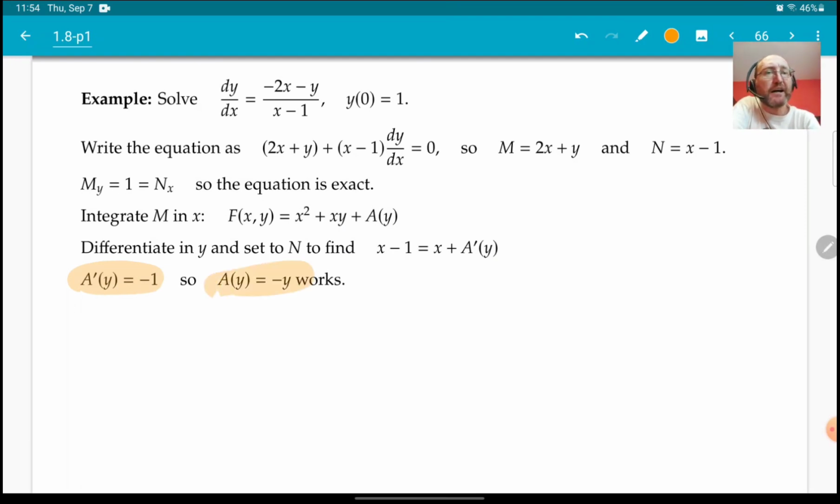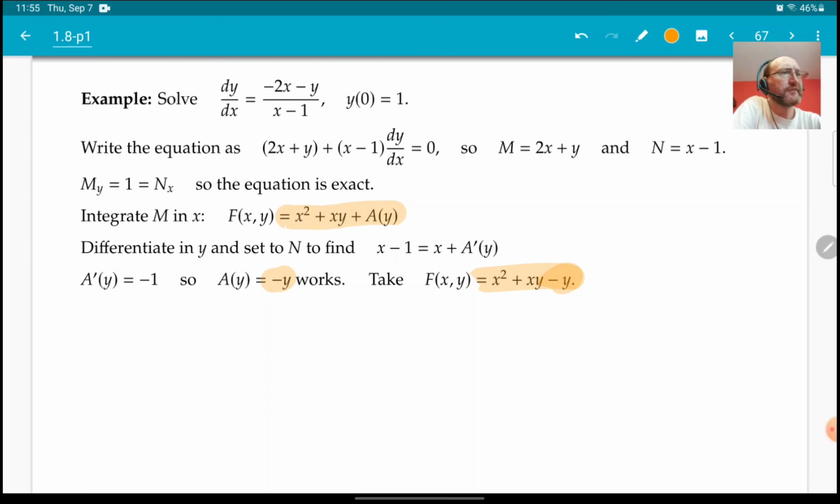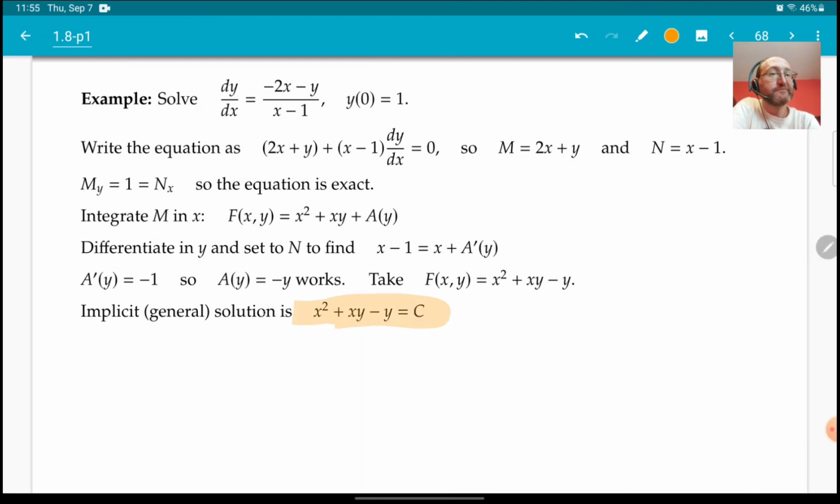So minus y will work for a. Again, you could add a constant of integration, but it's not necessary. So now a of y is minus y, so we add it in, and this is our f. So the implicit general solution is this thing.